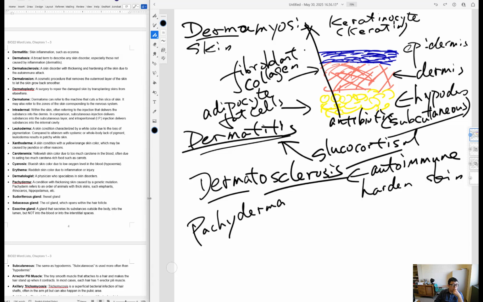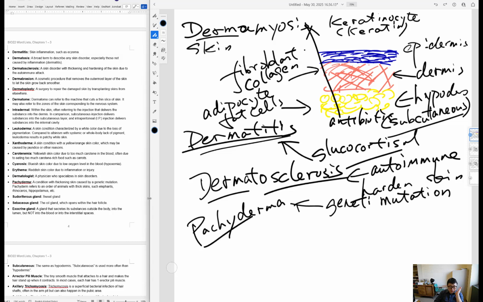Pachyderma is also a hardening and thickening of the skin, but not caused by autoimmune attack; it's caused by genetic mutation, inherited from the previous generation. Clinically, how do they distinguish dermatosclerosis and pachyderma? I believe they have a way, but I have no idea how to distinguish them myself.